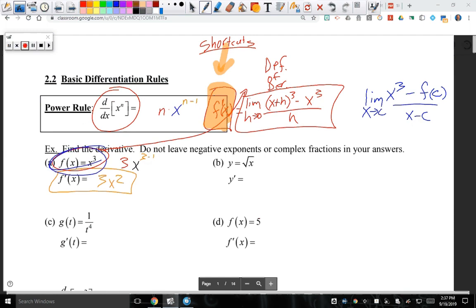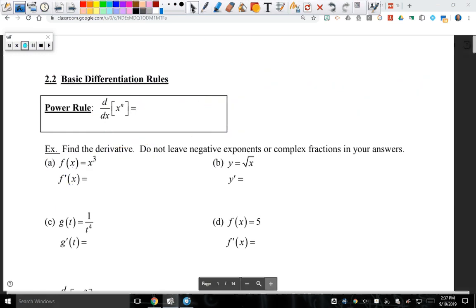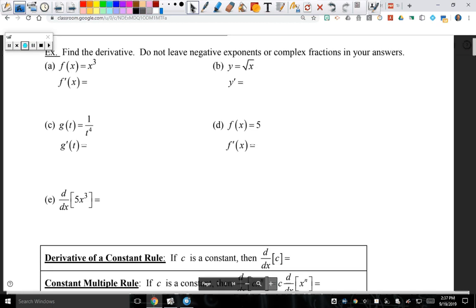But I would not be able to do that with this one. Nice, and I see the heads nodding, and you know you wouldn't be able to do it unless I was asking you for a specific c value, like f prime at 3, or f prime at negative 5. Okay? Alright, so now, let's move forward with our rule that we just learned.